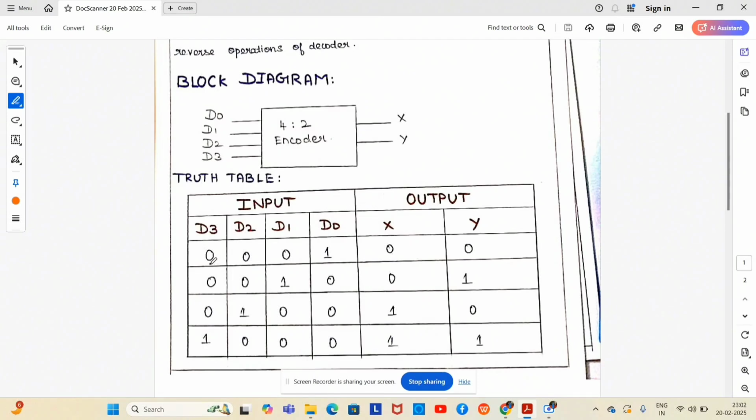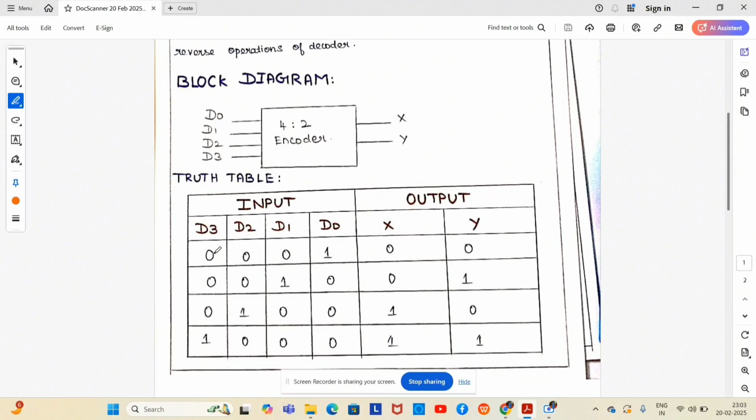So already we know the definition of encoder. Encoder is nothing but a combinational circuit which accepts 2 power n input lines, out of which one input is activated at a given time, and produces n outputs. So here there are four inputs.